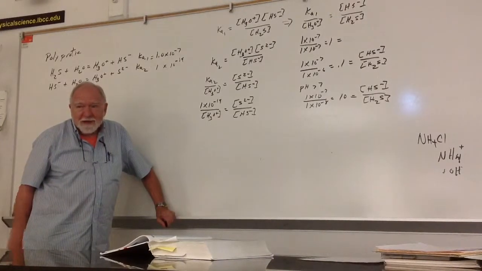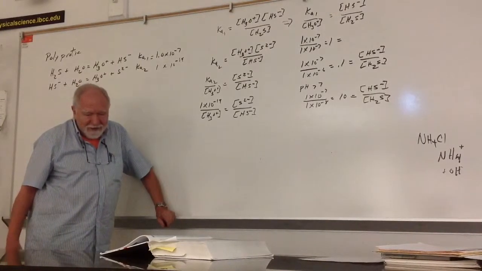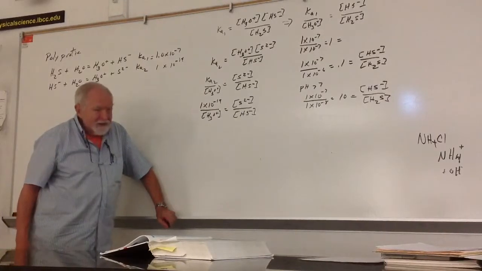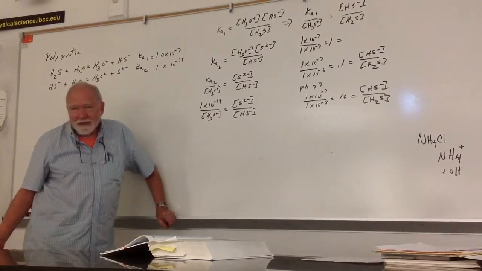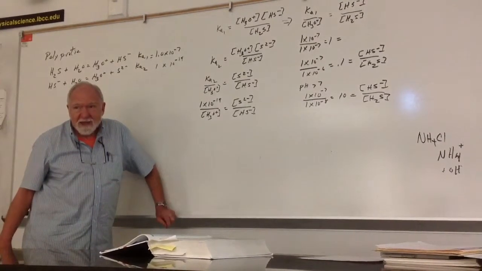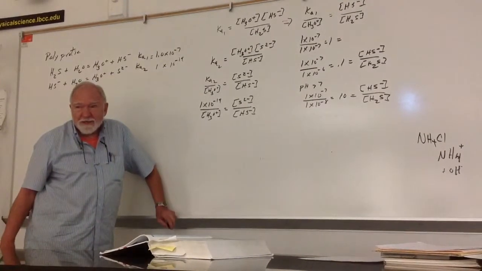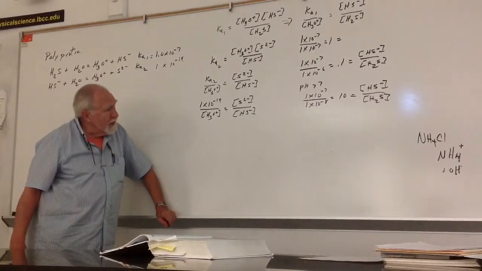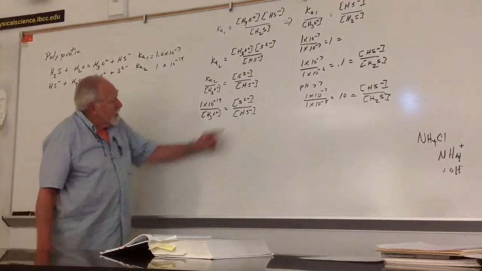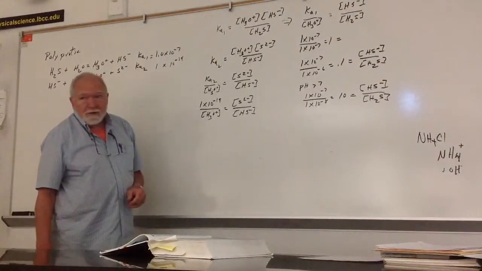Okay? Like I said, when I tell you to write the net ionic equations, I'll tell you what to put in there, and then eventually I'll justify it. So at the beginning of procedure 5, I said we're using H2S as the principal species. Because as long as we're below pH 7, that is the principal species. Once you exceed pH 7, the HS minus becomes the principal species.